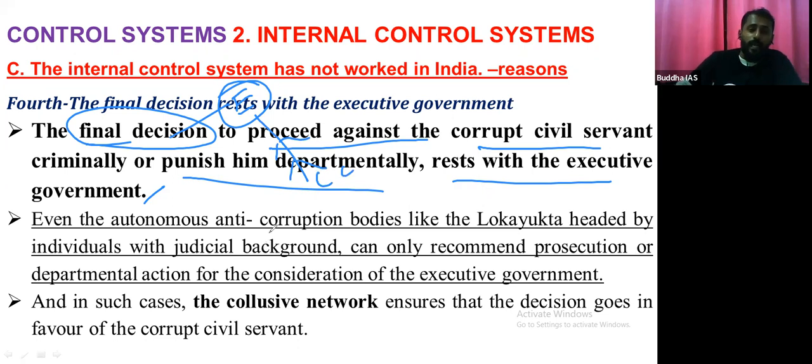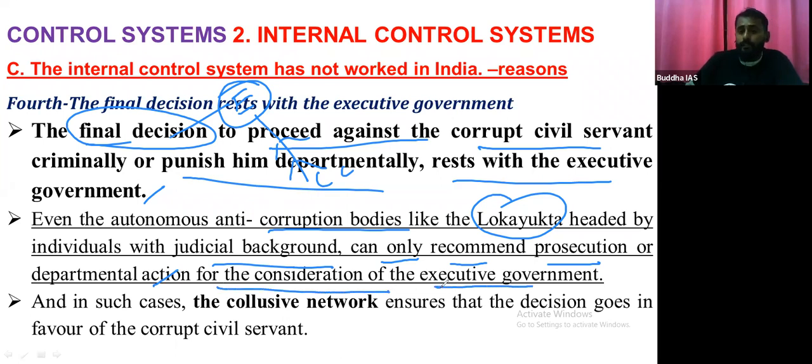Even autonomous anti-corruption bodies like Lokayukta, headed by individuals with a judicial background, can only recommend prosecution or departmental action for consideration of the executive government. We just read that Lokayukta is legally independent of the executive.